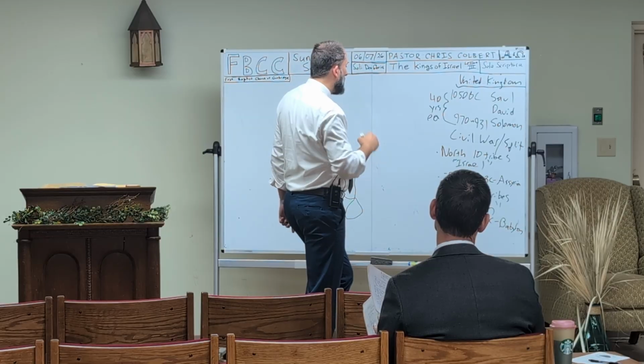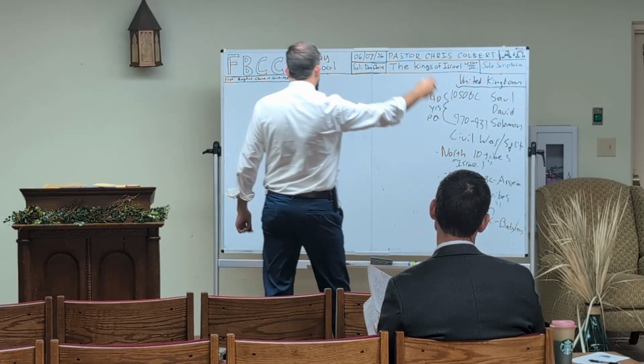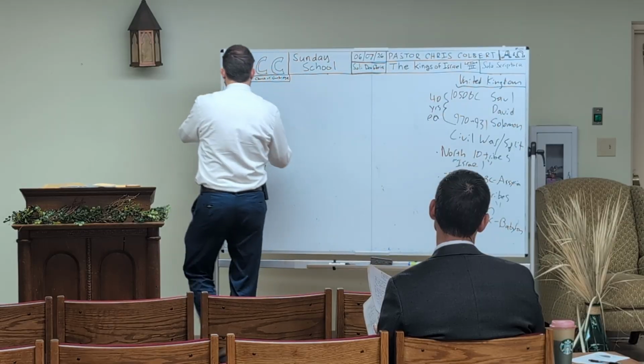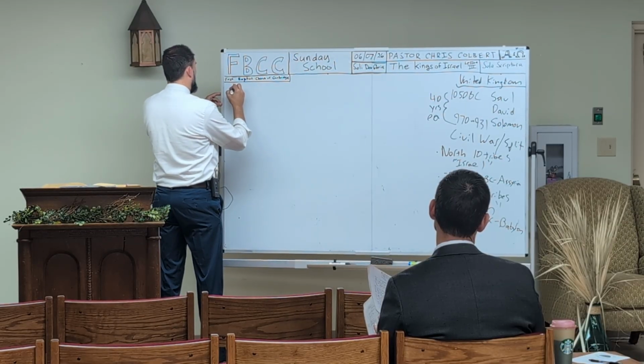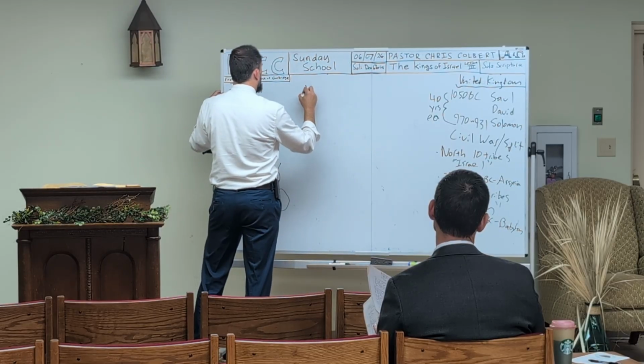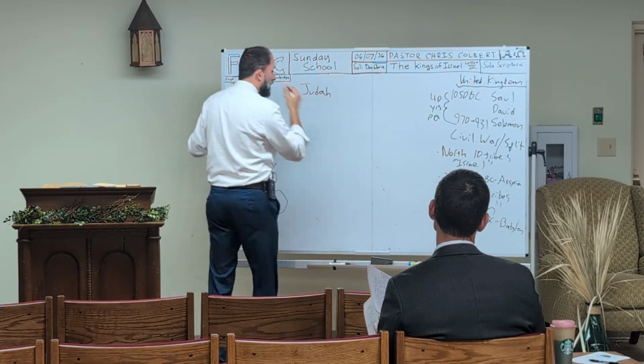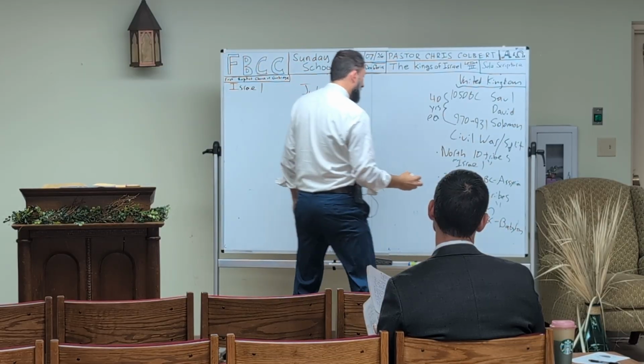Right? It's also helpful to know the list of kings that come after the United Kingdom, during the split. So we'll say Israel, and then Judah. We'll put Israel first, reading from left to right, since they fell first in 722 BC.